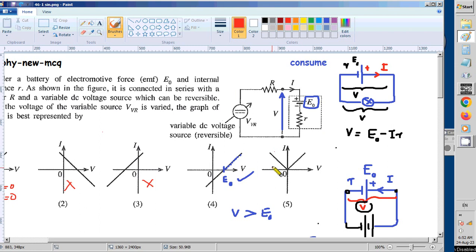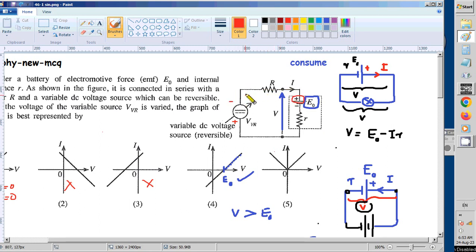When the external voltage is negative, negative means this one is negative. That means this power supply produces this terminal as negative, this terminal as positive. Earlier it was like this, positive up, negative down. So now negative up, positive down, this way. So you see this positive and this negative are connected terminals.